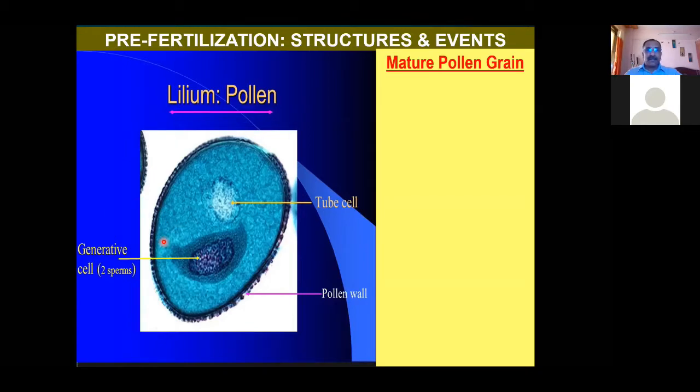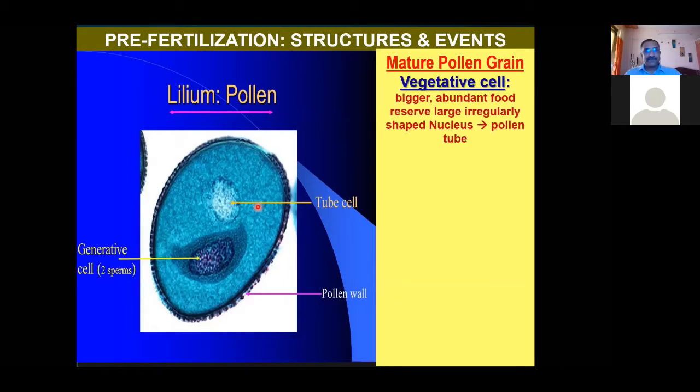Now, if you look at this mature pollen grain, you can see there are two cells. This is a large cell.